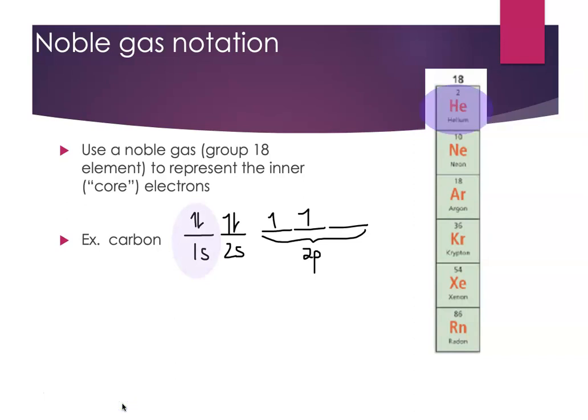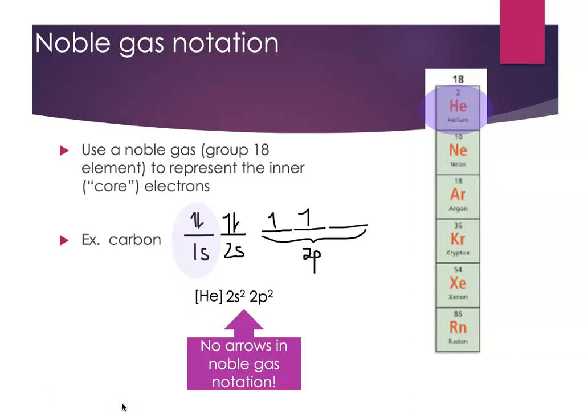So what we can do is write the symbol for helium in square brackets to represent those electrons, and then write the electrons outside of that using something like a spectroscopic notation. So helium 2s2, 2p2. Notice we don't use any arrows in this notation. And obviously you need to pick a noble gas that has fewer electrons than the element you're interested in, or it doesn't work. Like I said, it's got to be a noble gas.